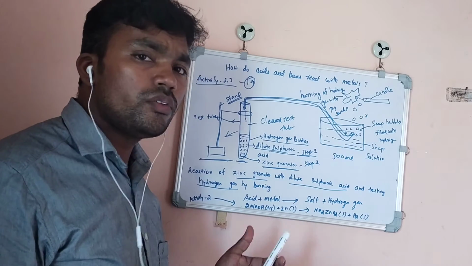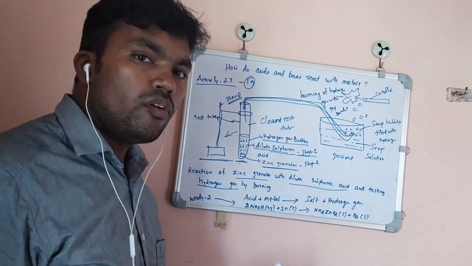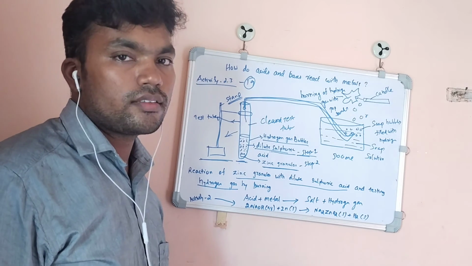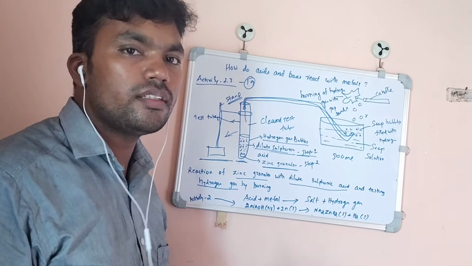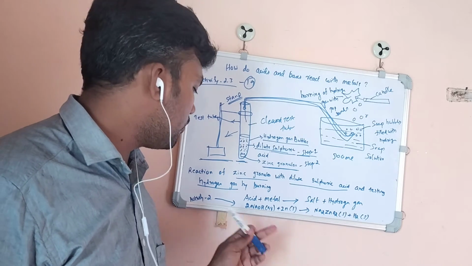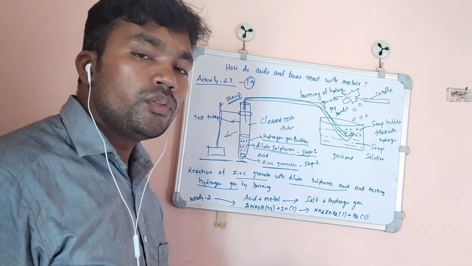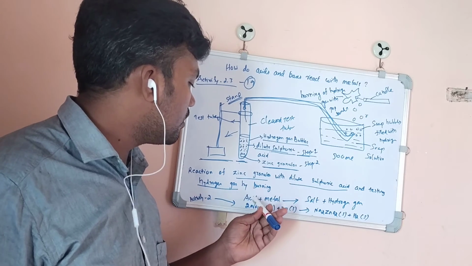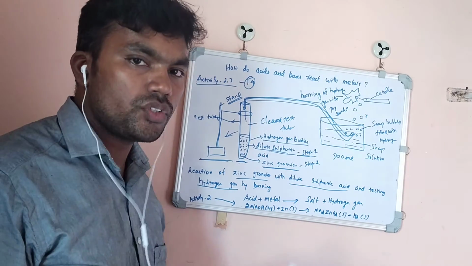First take zinc, and then add dilute sodium hydroxide solution into the test tube, see the observation and repeat the process. Here I have written the reaction for activity 2.4. For 2.3, try to write it yourself.